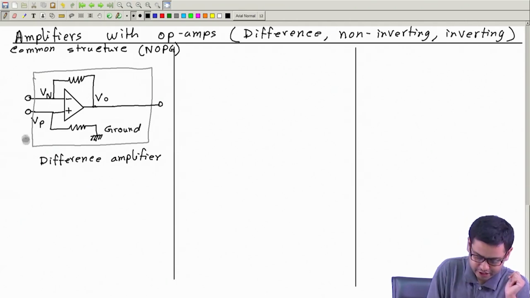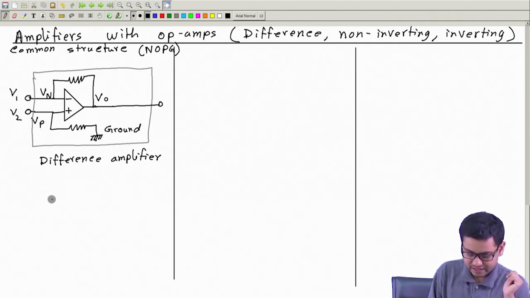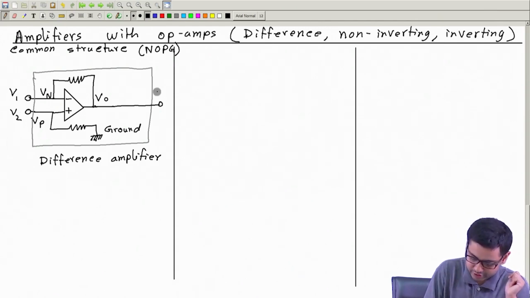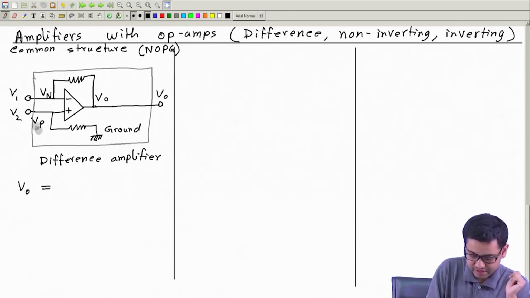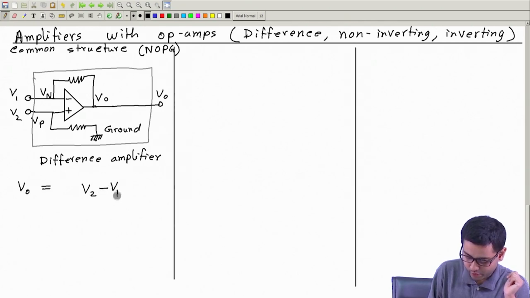If you apply two voltages, call them V1 and V2, the output VO will be a function of the difference of these two inputs, V2 minus V1.